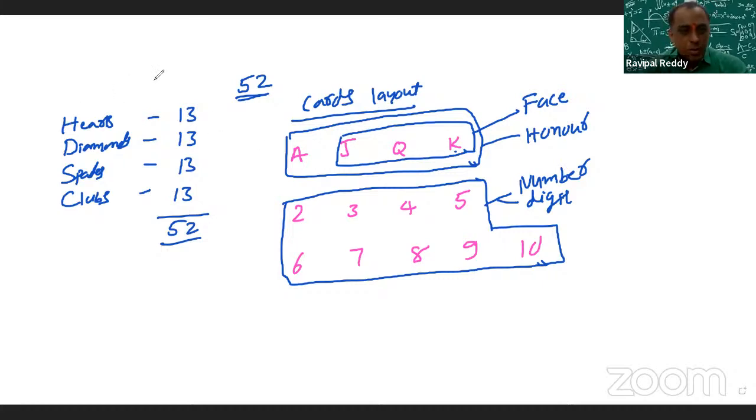Now here is one more important point. Heart cards and diamond cards are in red color, and spade cards and club cards are in black color.